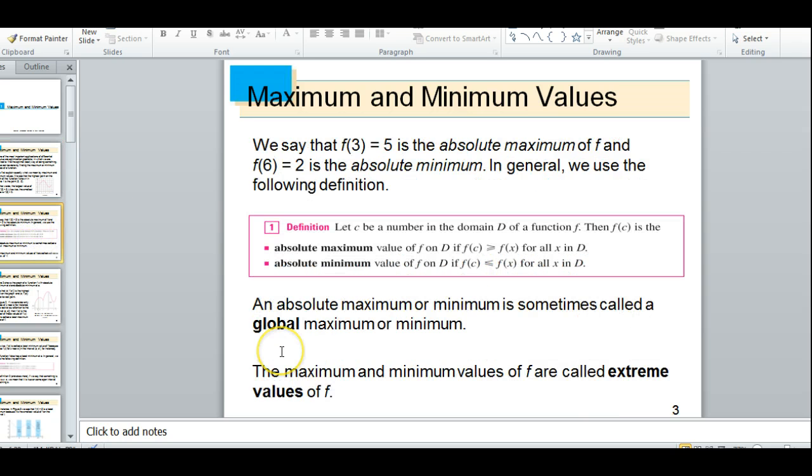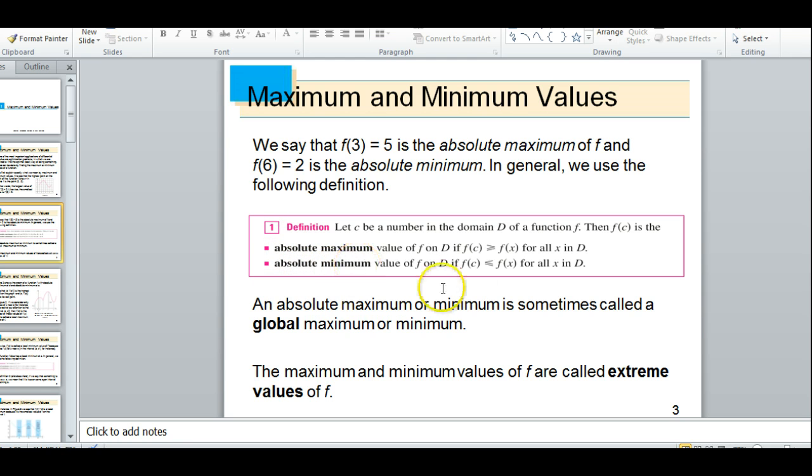So the next slide is just saying the definition of absolute maximum and absolute minimum, and they talk about the domain of the function. If it's a maximum value on the entire domain of the function, it's called absolute. And the same for minimum.